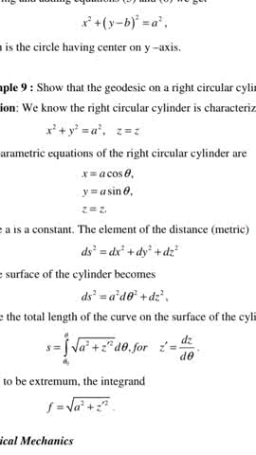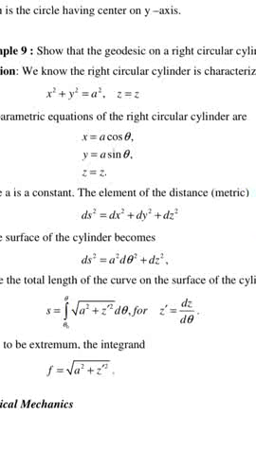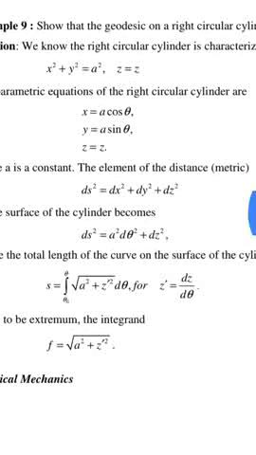Therefore, ds square is equal to dx square plus dy square plus dz square, which is a square sin square theta plus a square cos square theta plus dz square. Taking a square common, ds square is equal to a square into sin square theta plus cos square theta, d theta square plus dz square.